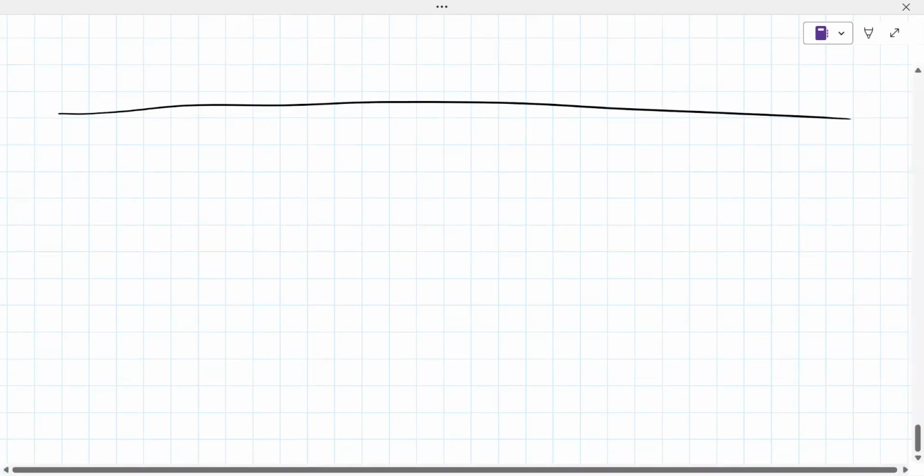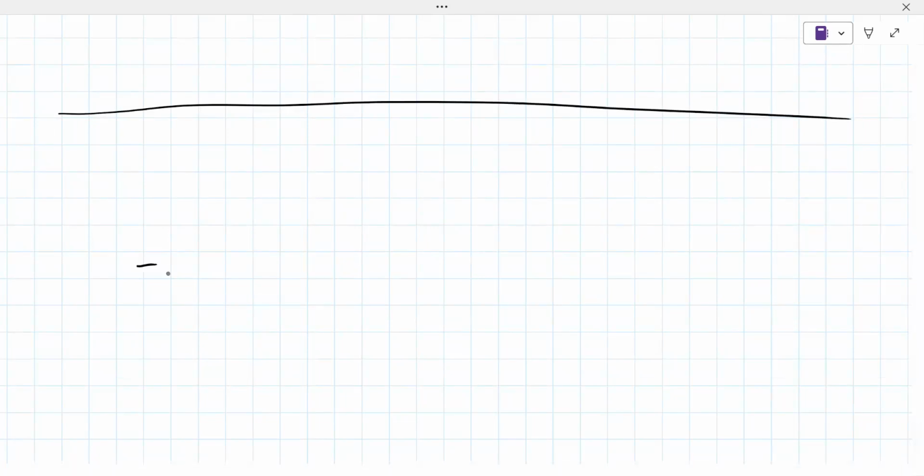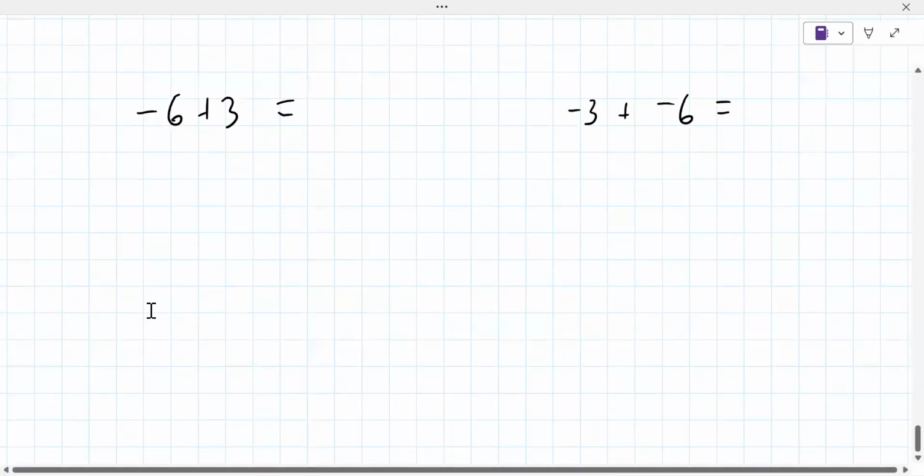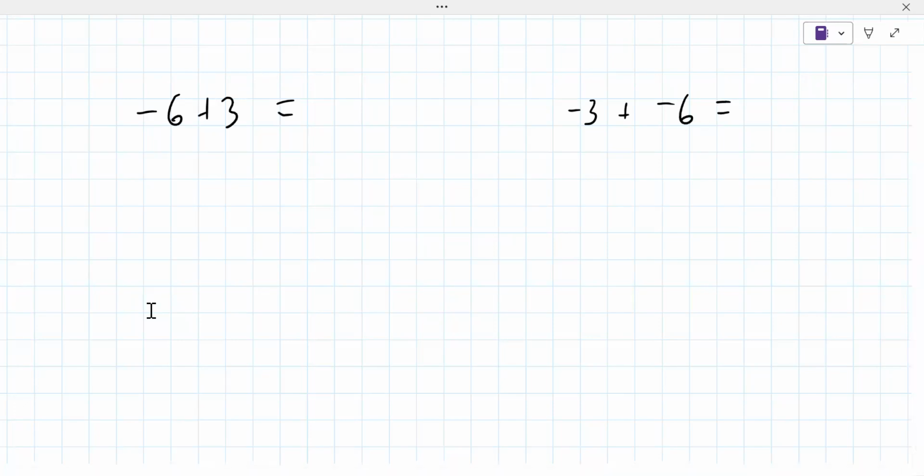Okay, let's try a few more here. Negative 6 plus 3, negative 3 plus negative 6. So here are two problems for you to work through on your own. You need to first determine whether it's same sign or opposite sign. I just want your final answers. You could talk through it, but you've got to give these a shot on your own.